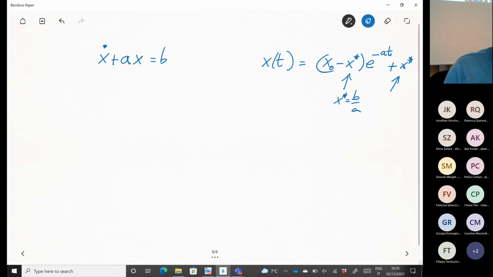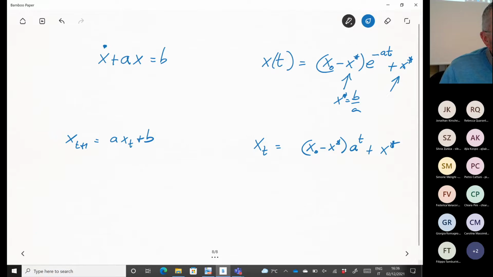Okay? Now look at the structure of a somehow related, it's not related at all, but at least in principle we can compare them. Xt plus 1 is equal to axt plus b. Here a has a totally different meaning, of course. We know that the solution xt is x0 minus x star times a to the power of t plus x star.